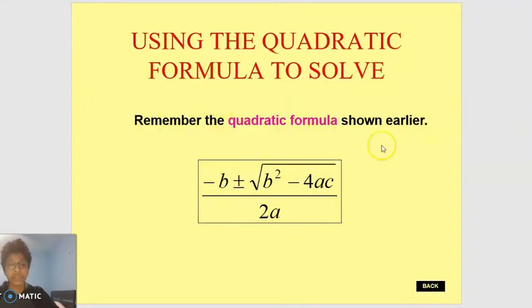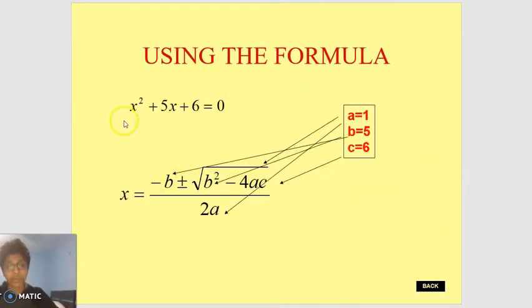So now let's use the quadratic formula to solve this same equation. The quadratic formula is negative b plus or minus square root of b squared minus 4ac all over 2a. We have the same equation here, and since there's nothing in front of x squared, we know that a is 1, then b is 5, and c is 6.